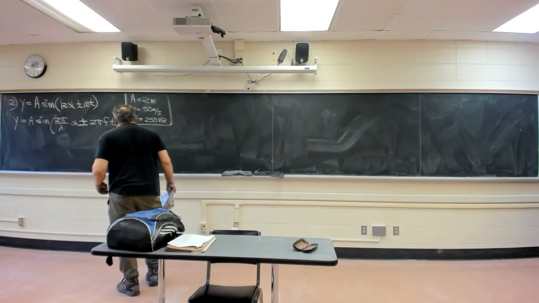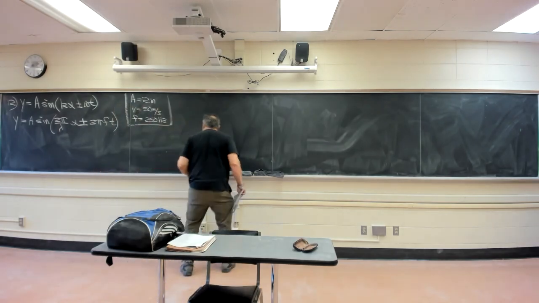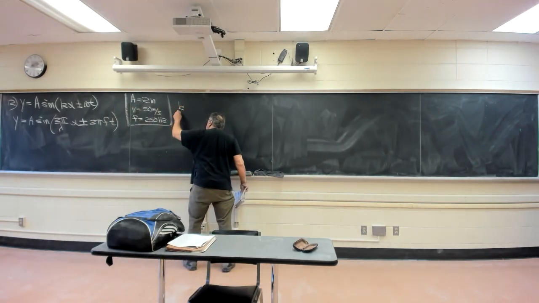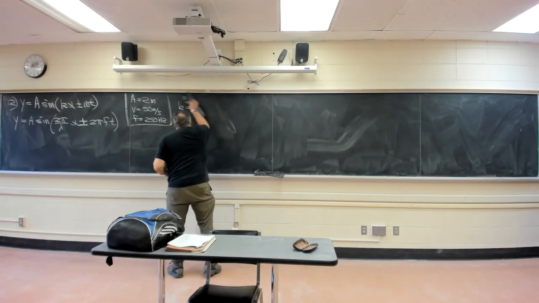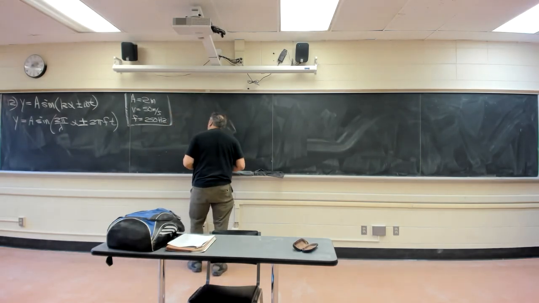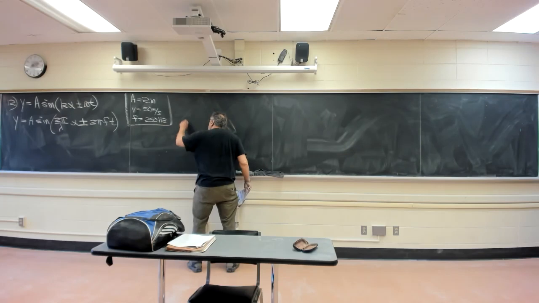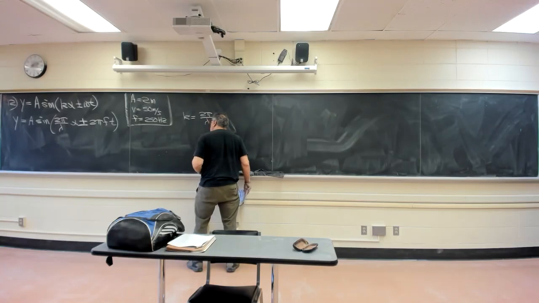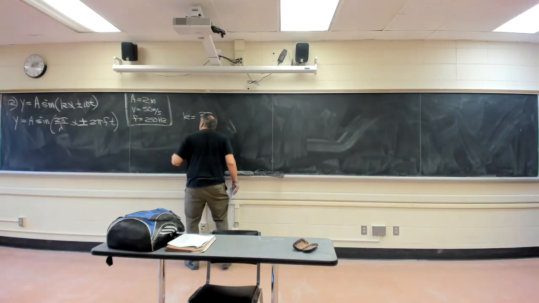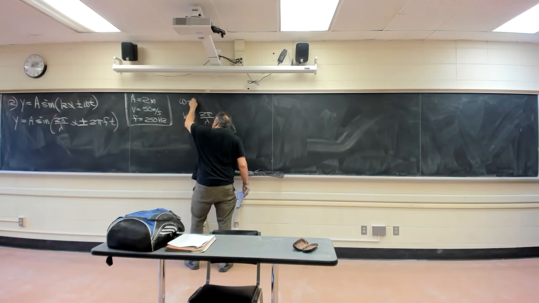We could say a number of things. We know that k is equal to 2 pi over lambda, and we know that omega is 2 pi f.